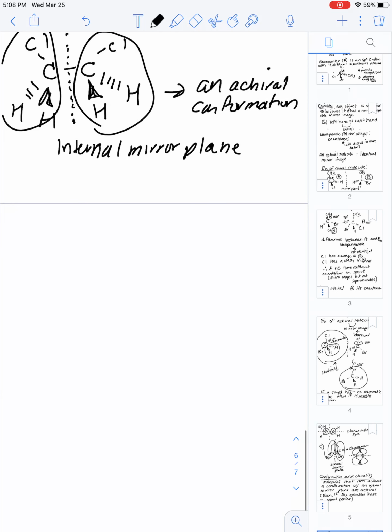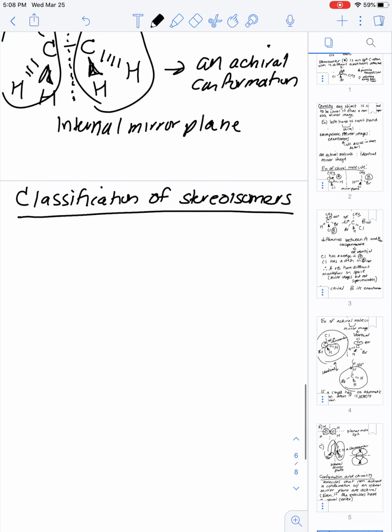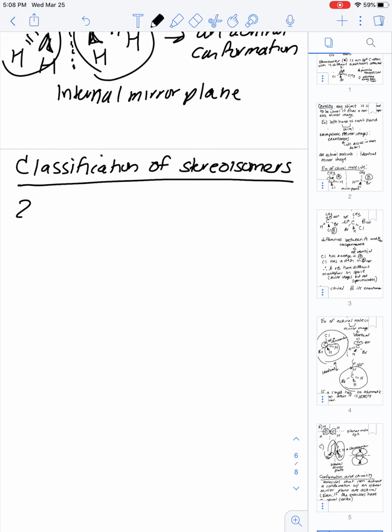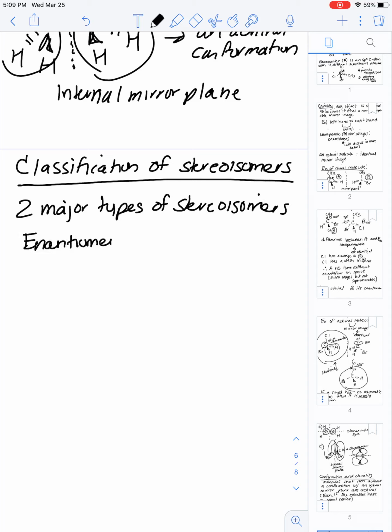So we have different types of classification of stereoisomers. This is where lab is going to come into play, with some of the definitions and things that you will be covering. We have two major types of stereoisomers. We have enantiomers, which we've talked about a little bit.